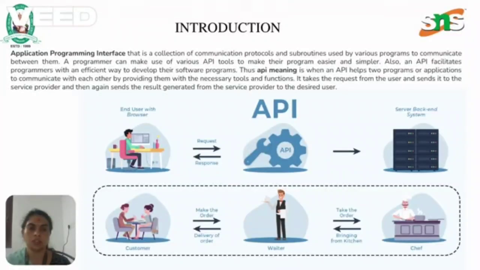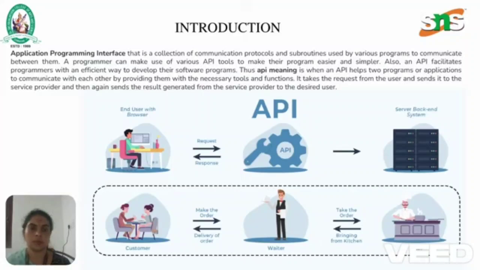So, in the technical manner, we see an end user with a browser requesting a service, which in turn is taken by the API and transferred to the appropriate server backend, where the server responds to the request of the client and gets back with the response. And now the mediator API takes the response and then passes it to the requesting end user.